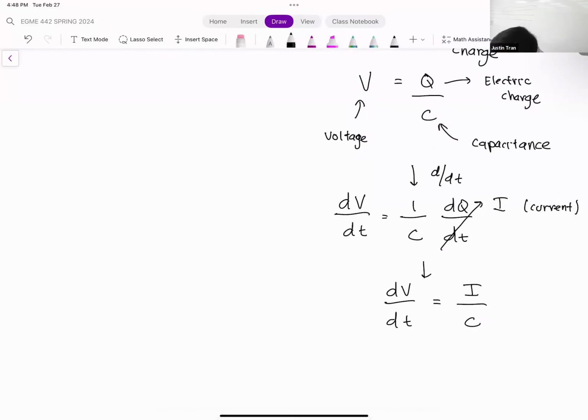Let's take this result and use our analogy. We have our analogy for the voltage in a circuit, and our analogy for the current. The capacitance we're just going to leave as the capacitance.